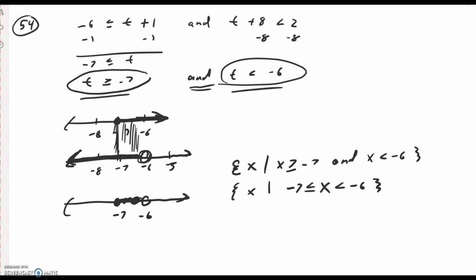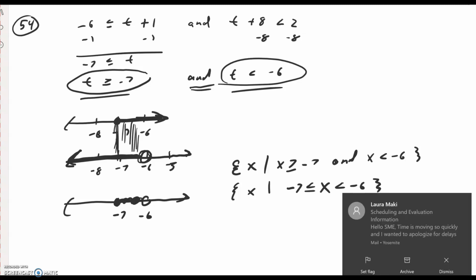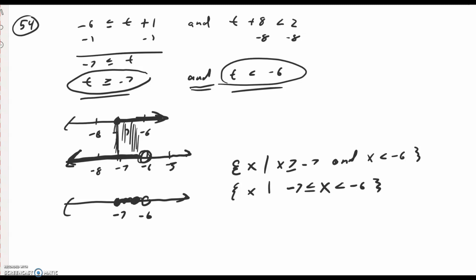And the way this is read officially is the set of all x's such that -7 is less than or equal to x and x is less than -6. So that's a couple different ways of writing this in set builder notation.